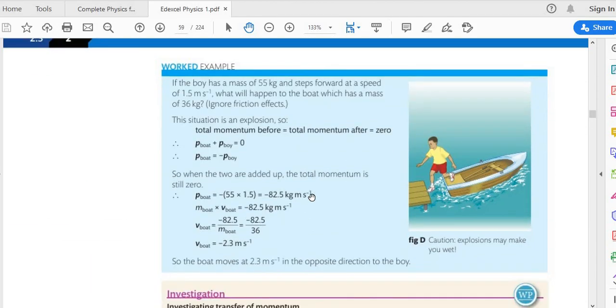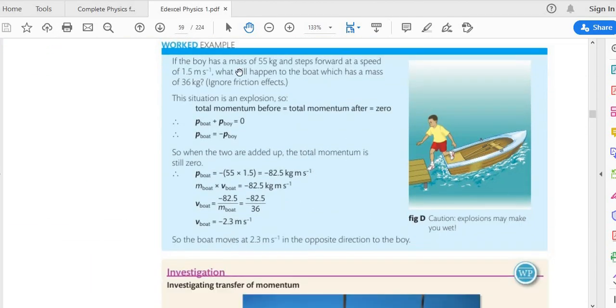Okay, let's go through an example for consolidation. If the boy has a mass of 55 kilograms and steps forward at a speed of 1.5 meters per second, what will happen to the boat, which has a mass of 36 kilograms? Ignore frictional effects. Now maybe you would have tried this. If it is your first time getting into a boat or getting off a boat, it's not like the normal flow.